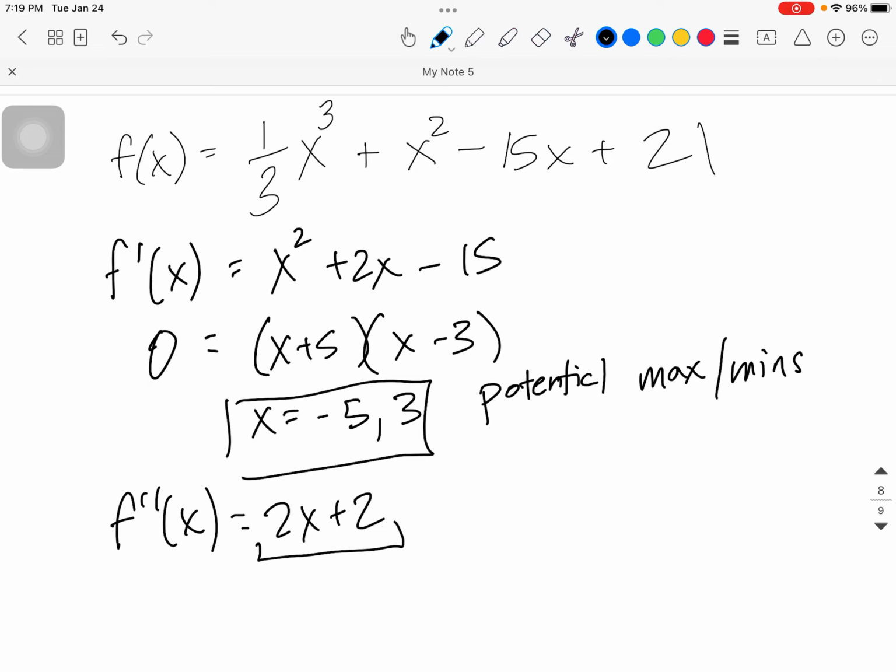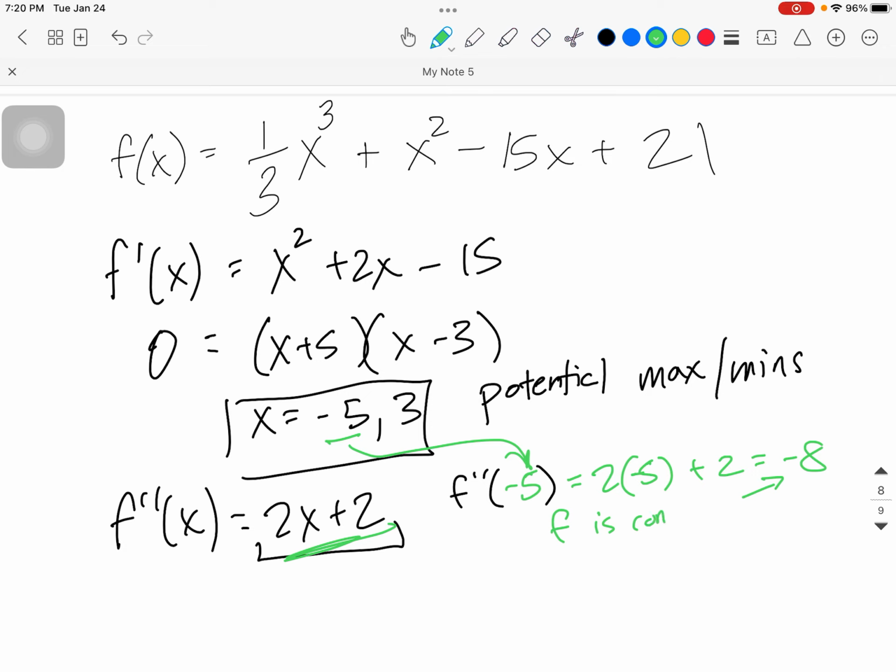The second derivative test says, if I evaluate the second derivative with one of these critical values, this would end up being 2 times the quantity plus 2. I'm taking this right here, plug in -5, and I get -8. This says that f is concave down at x equals -5.